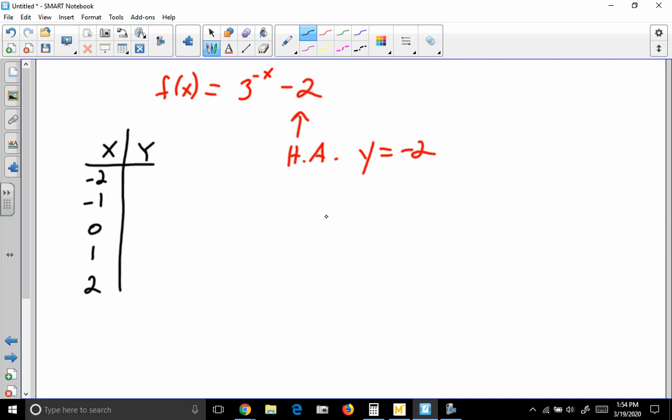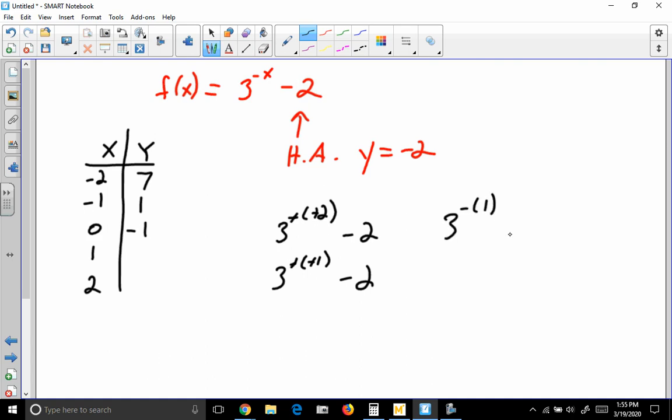That is just enough positive and negative numbers to give us a pretty good picture of what our graph should look like. So if we put in a negative 2, we have a negative from the formula, and then 2 minus a negative is a positive, so we get 3 squared is 9, minus 2 is 7. If we put in a negative 1, we have a minus and a 1, so 3 to the first is 3, minus 2. 3 to the 0 is 1, minus 2.